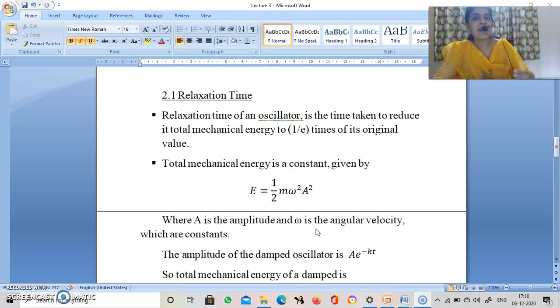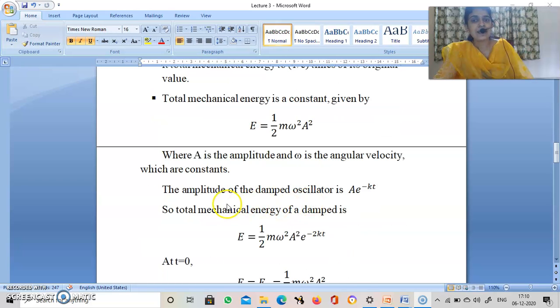Now the mechanical energy is given by the equation E is equal to half m omega square a square, where omega is the natural frequency of oscillation or angular velocity and a is the amplitude of oscillation. Now we have this amplitude of the damped oscillator.